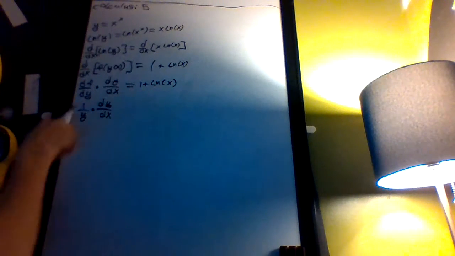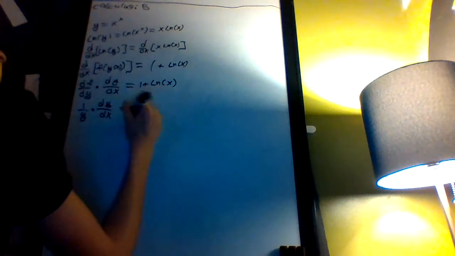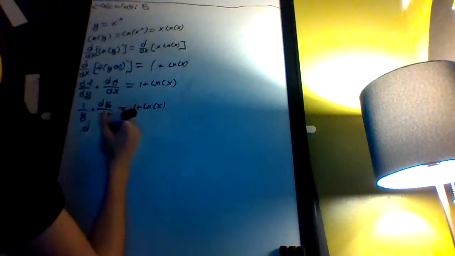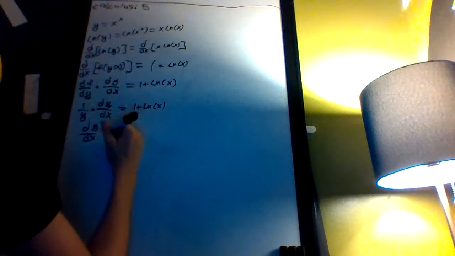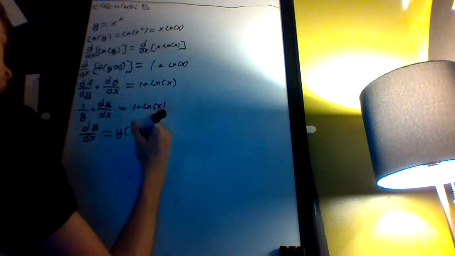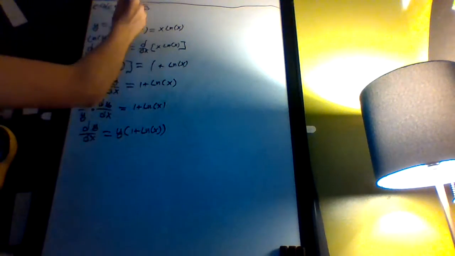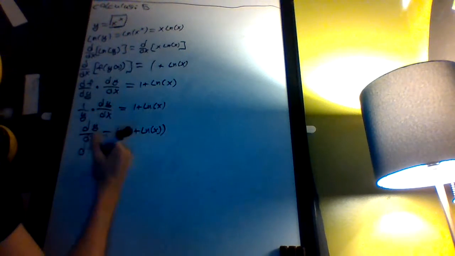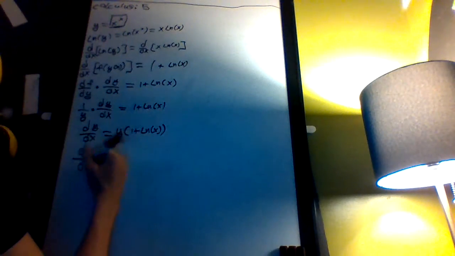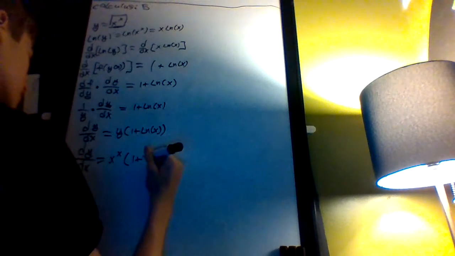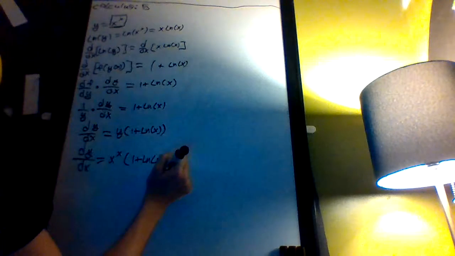So the derivative of natural log of y in respect to y is going to be 1 on y. Then we get 1 plus natural log of x. Multiply by y on both sides. y times 1 plus natural log of x. But you know what y is. It's x to the x. So the derivative of y in respect to x is going to be x to the x times 1 plus natural log of x. Okay?